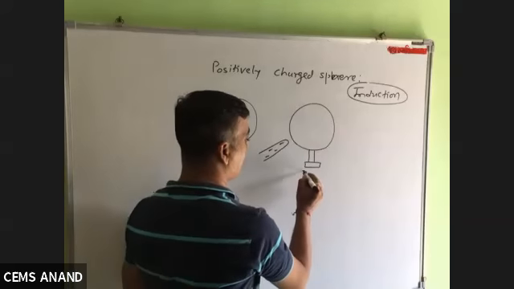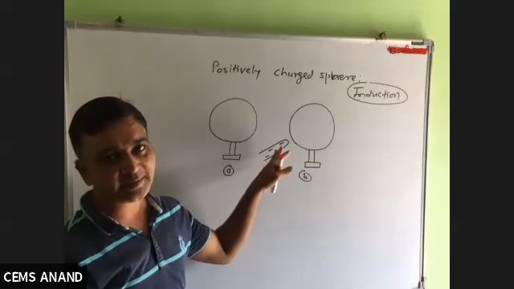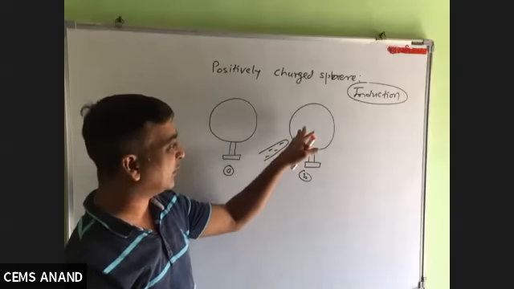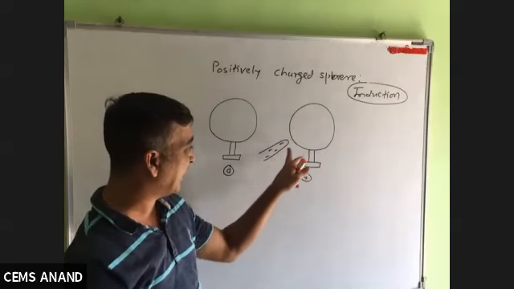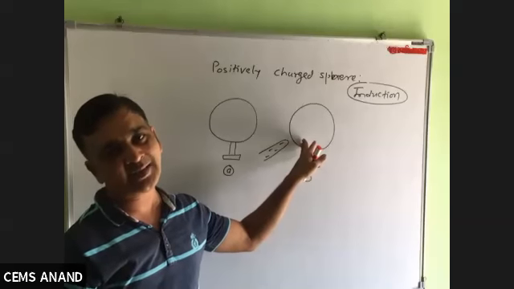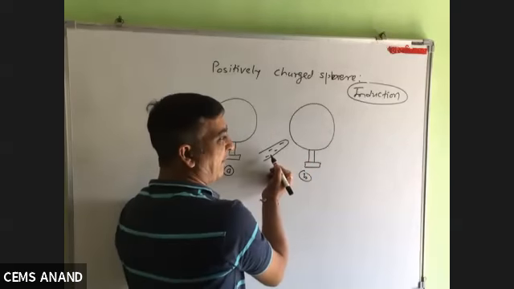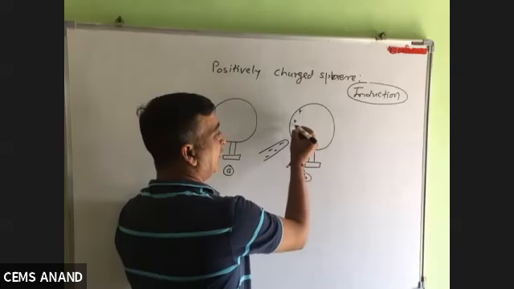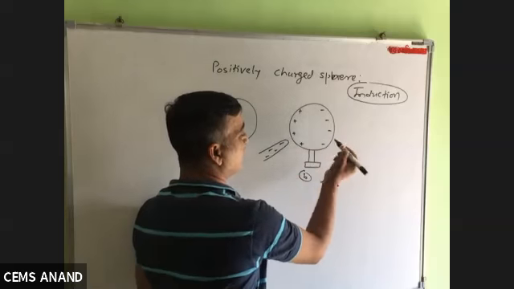Now this is our figure B. According to our knowledge, what happened? As the negatively charged rod is near to the sphere, on the surface facing that plastic rod, which kind of charges are accumulated? Yes, this is the rod having negative charge, so positive charge accumulates near it, and all the negative charge is pushed away.